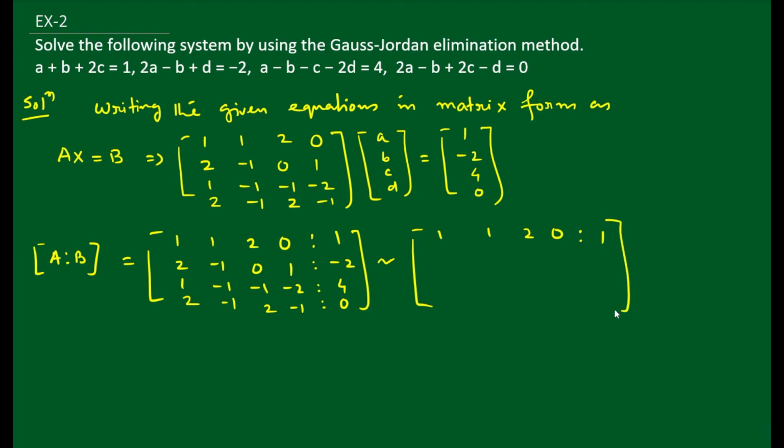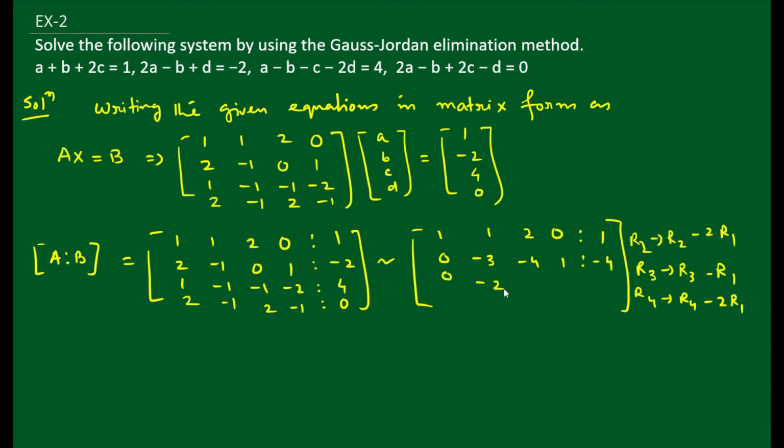So here, keeping row 1 fixed, we will write the operations: R2 goes to R2 minus 2R1, then R3 goes to R3 minus R1, then R4 goes to R4 minus 2R1. Okay, so just by doing the operations, the remaining elements will come. So our elements will be 0, then minus 3, minus 4, 1, and this will be minus 4.